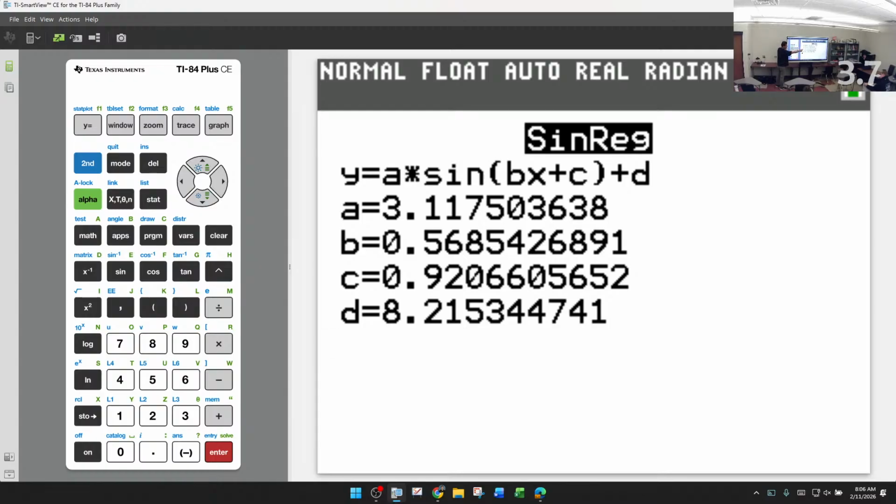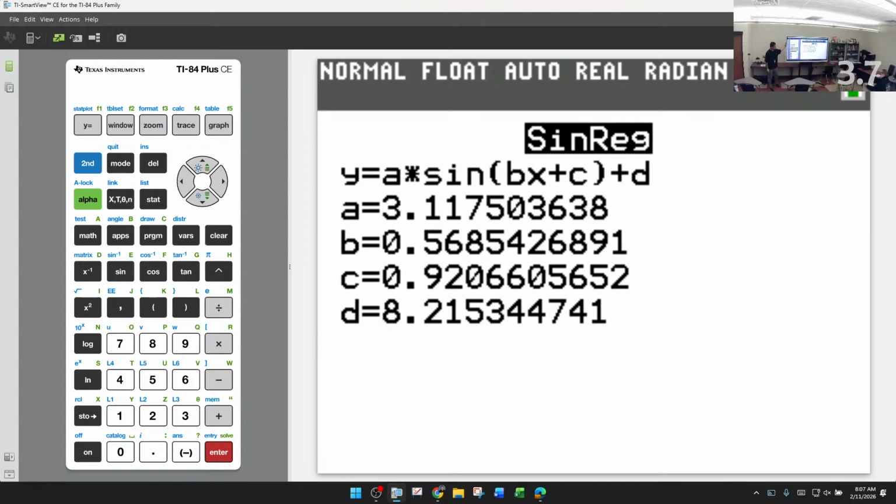There's the A value, the B value, the C value, the D value. This is the one that's going to get you, though. Be careful. It's not shifted to the left 0.92 because that's already been multiplied by the B. That B's not factored out. I don't think you'll need it, but that's one of those instances where you just be careful.